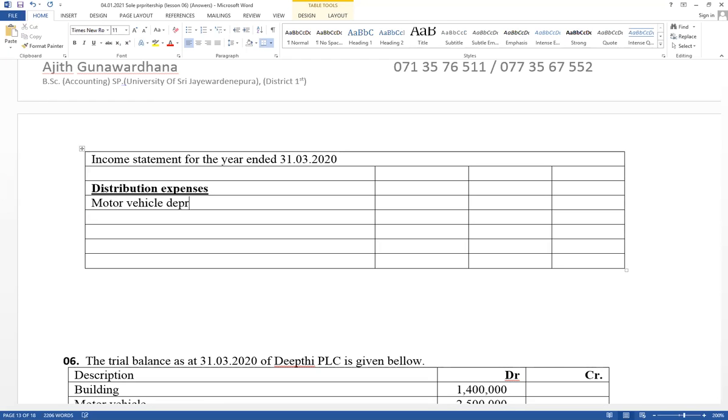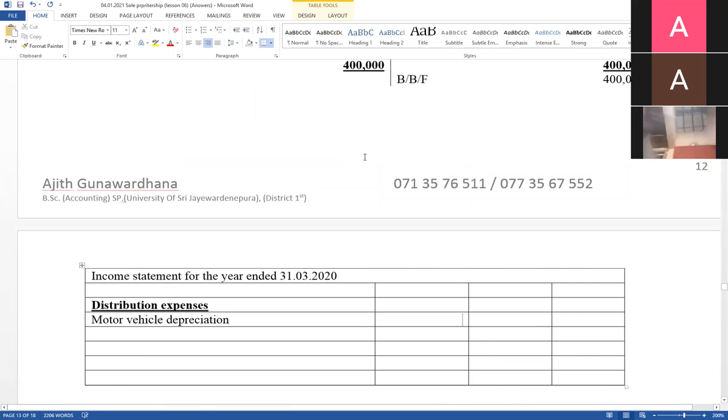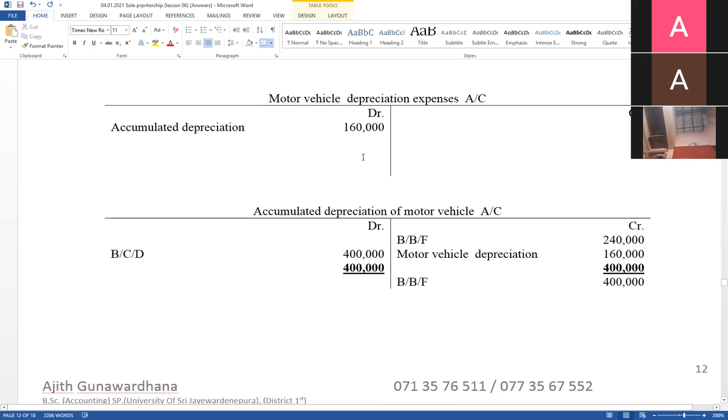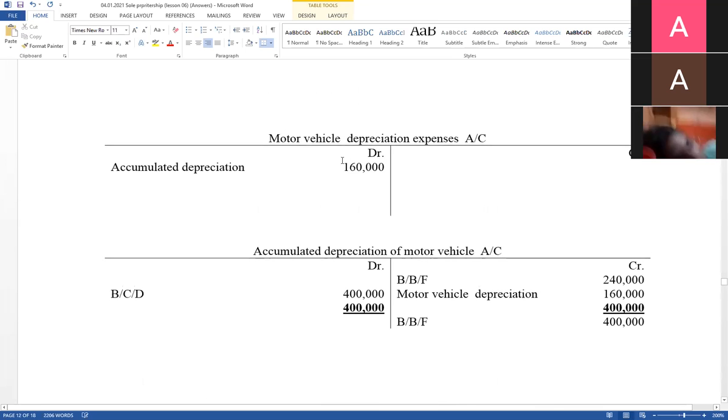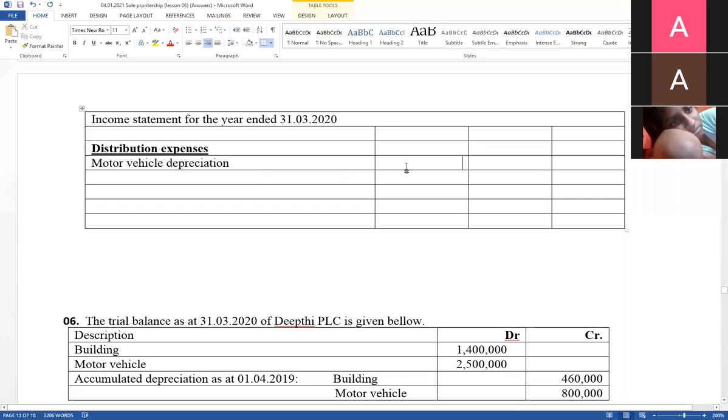Therefore, as an expense, think about the motor vehicle depreciation value. The motor vehicle depreciation account value equals 160,000. That is the value that should be considered as expense. Therefore, that value should be included under distribution expense, 160,000.